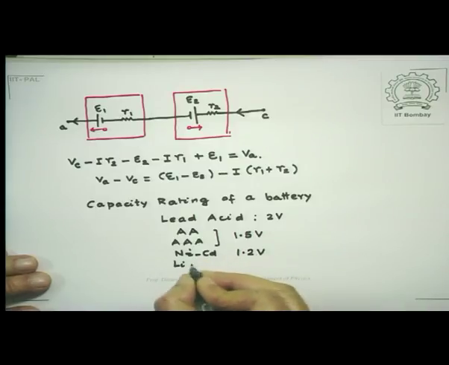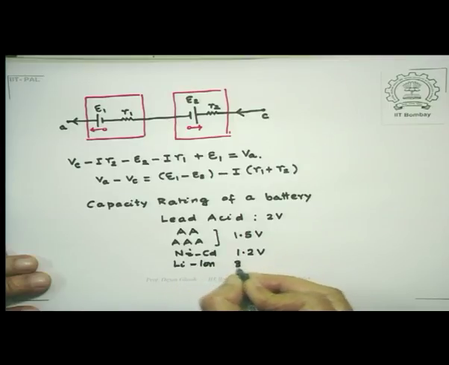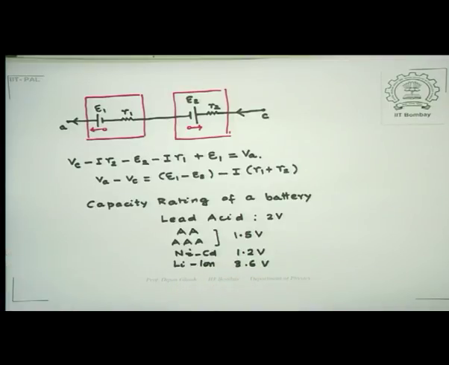Lithium ion battery gives you 3.6 volts, and it's more convenient that instead of designing a battery with the specific voltage depending upon what your work requires, you pick up from the standard combinations that are available and design by using parallel and series combination the voltages and the ratings that you want.